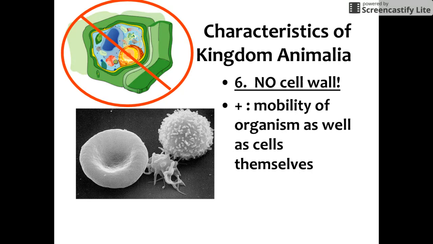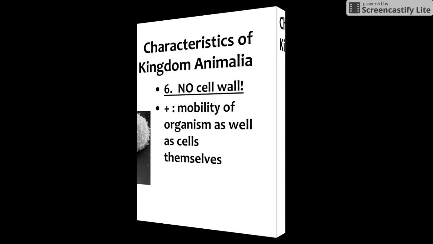They're mobile, they're not rigid or fixed to one place like a plant is, and even within the animal's body, cells are pliable. Those red blood cells can squeeze through the smallest of the capillaries one at a time, and that again contributes to mobility, which we've already talked about the advantages of.